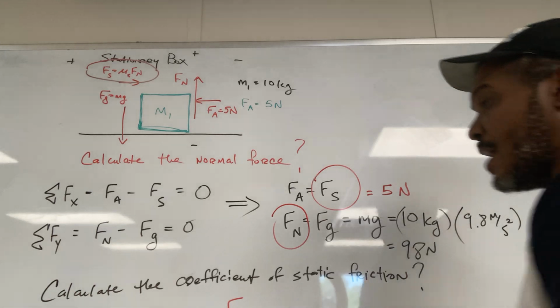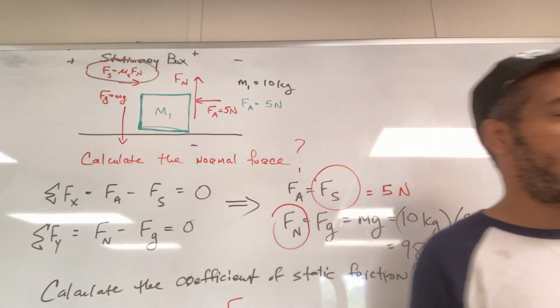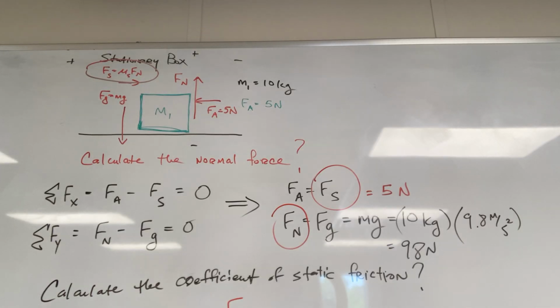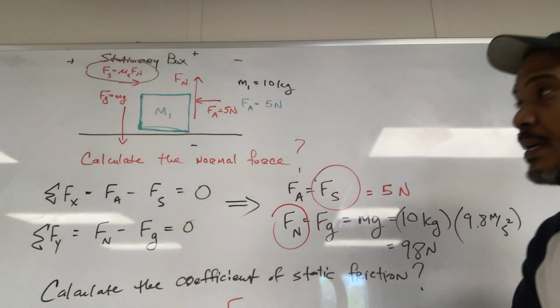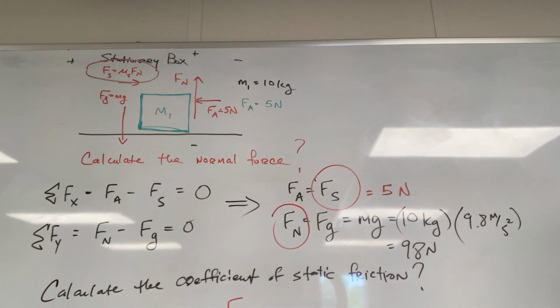Like I say, I've been doing this a long time, so I benefit from years of experience, and there are certain things you can see right away. Certain things you know shouldn't happen. When you see a stationary box, I'm not going to ask you to calculate acceleration. It doesn't make sense.